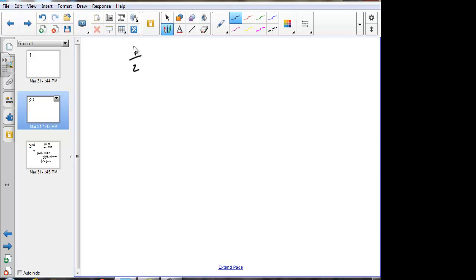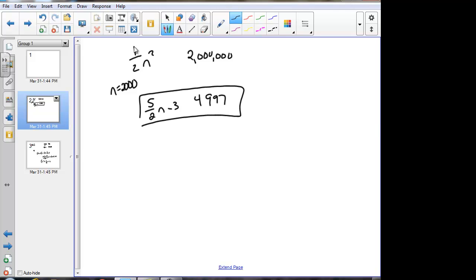If n is 2,000, then 1/2 n squared comes to 2 million, while the 5/2 n minus 3 part comes out to 4,997. So this part doesn't really affect the other part too much. When we're comparing 2 million, what's another 5,000? So we're going to drop that whole thing. We only take the first term, and that's the only one you really care about.